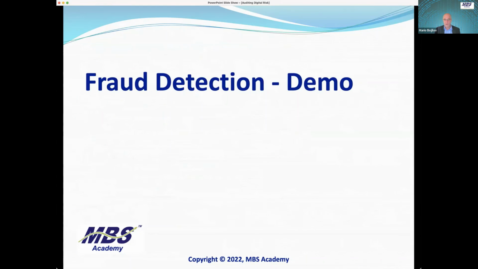Now quickly, I also want to show you a demo of a system which is used for fraud detection. As I said, some of you have seen it already. I'll just change my screen. All right.